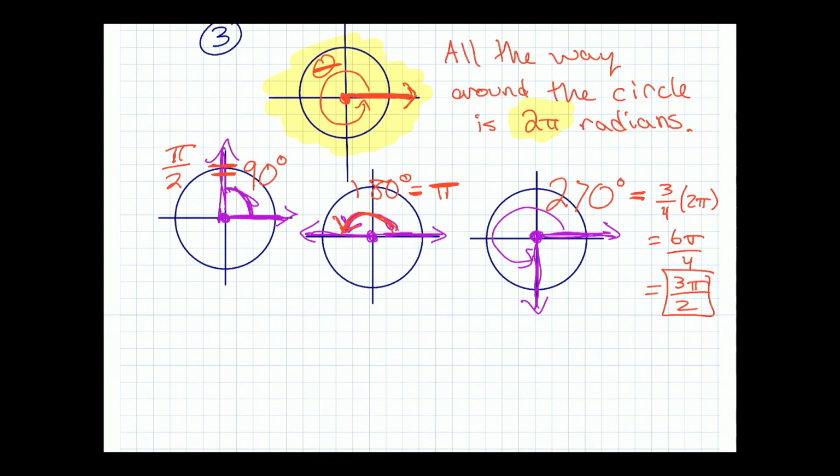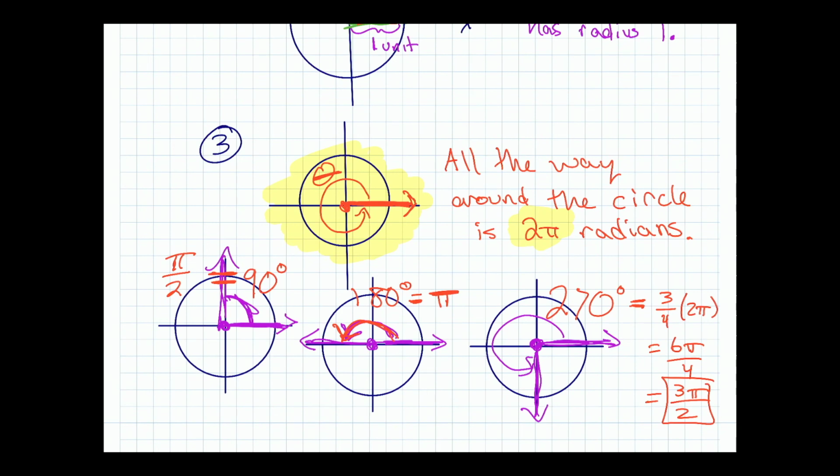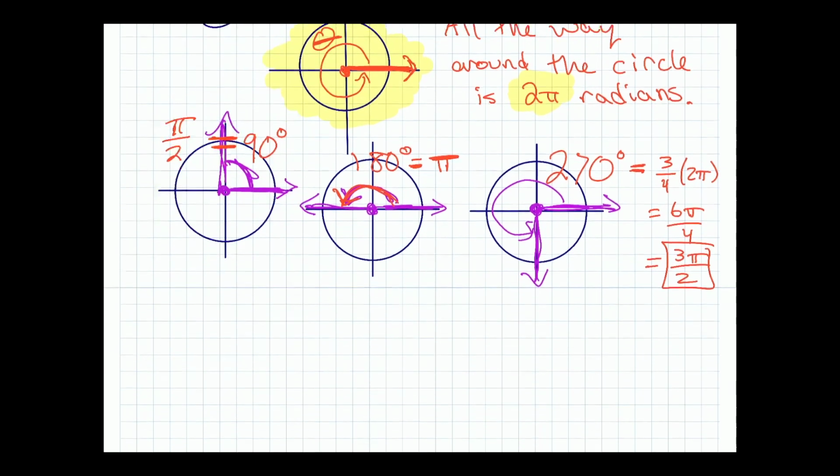So you've got 90 degrees is pi over 2, 180 is pi, 270 degrees is 3 pi over 2, and all the way around the circle is 2 pi radians. You're going to remember that because we're going to be using it all of the time, right? Pi over 2 is 90 degrees.